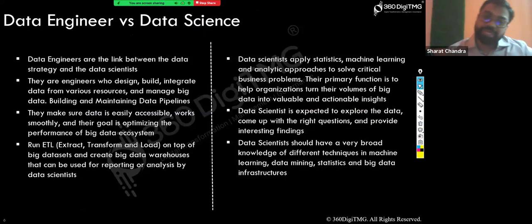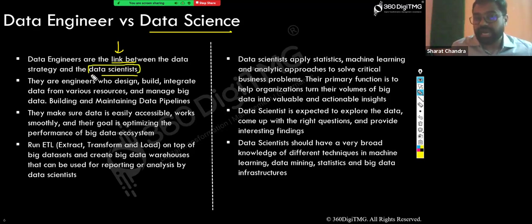I'm trying to bring in the comparison between data engineers and data science, which is one of the popular terminologies in the industry. A data engineer would be a link between the data strategy and data scientists. What does this mean? Data scientists apply statistical, machine learning and analytical approaches to bring a solution to business problems, by identifying some kind of pattern in the data.